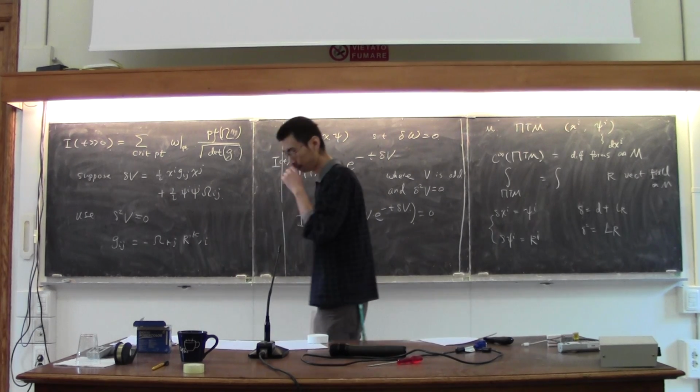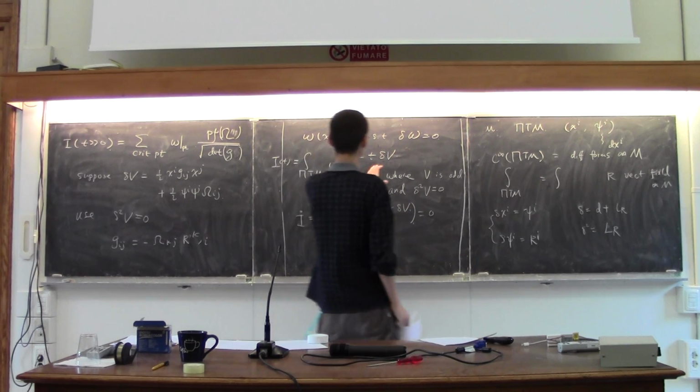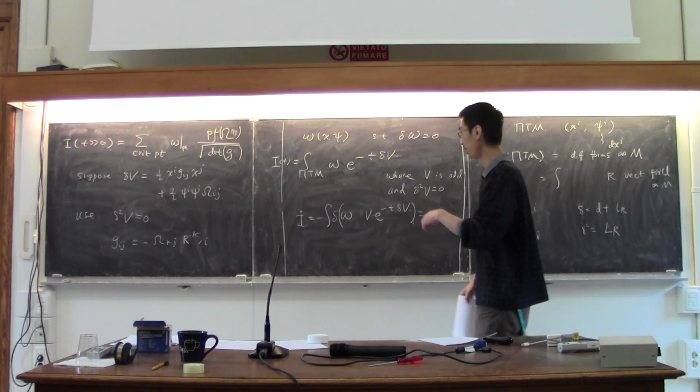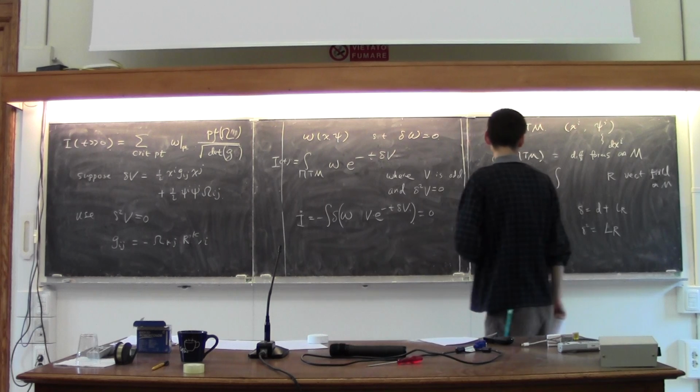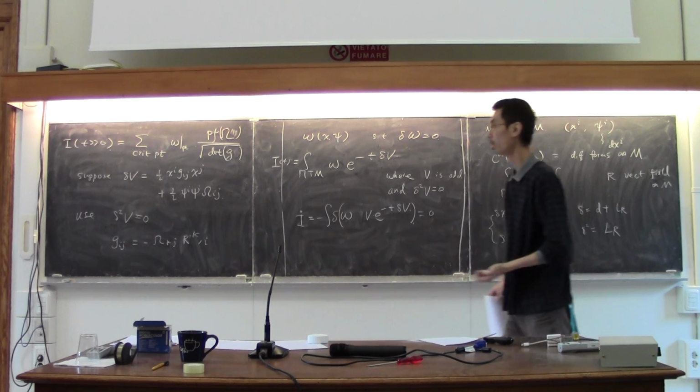Oh, by the way, let me just mention that the critical point of this delta v will necessarily imply that it's also the zero of this vector field.